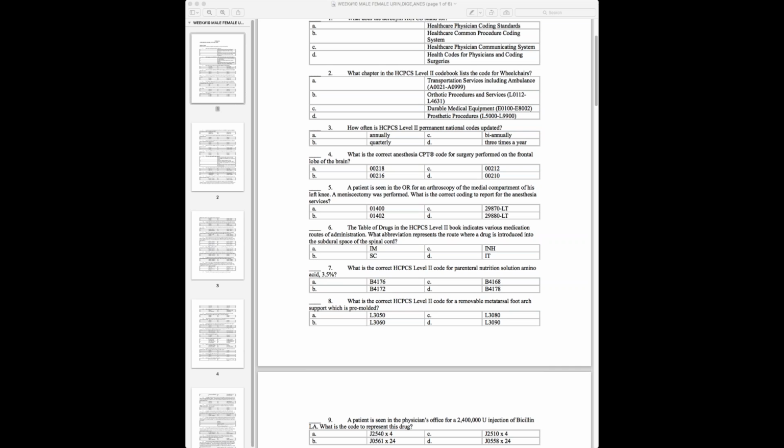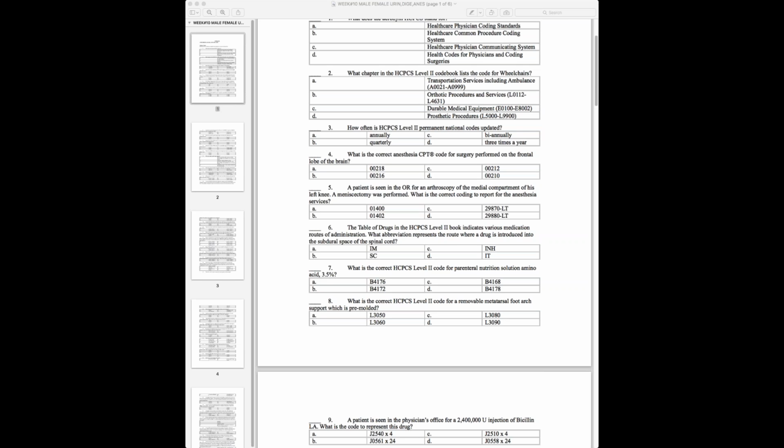And I don't see cesarean here. So we would select the global code for the vaginal delivery, which is 59400, and then your 59409 for baby number 2. So the correct answer for number 41 is B as in boy.